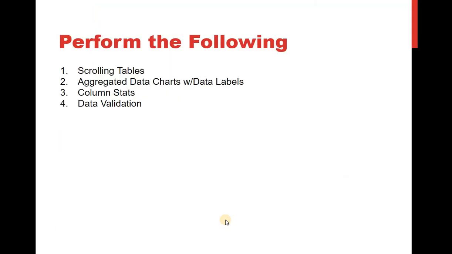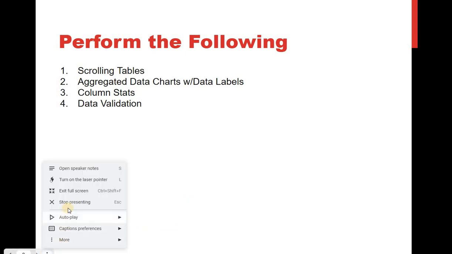So to cap off Chapter 3, we will be performing just a few basic data visualization tools that we can use, because the majority of what's available in Google Sheets we have already tackled in the first two parts of Chapter 3 using Excel sheets. So for now, we will be doing scrolling tables, aggregated data charts, column stats, and data visualization.